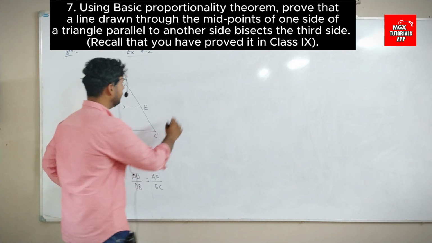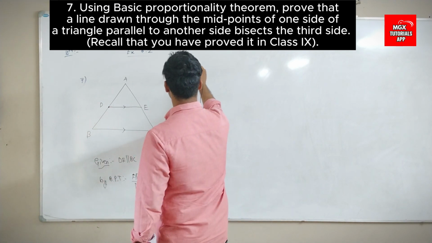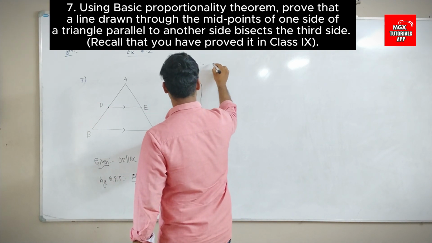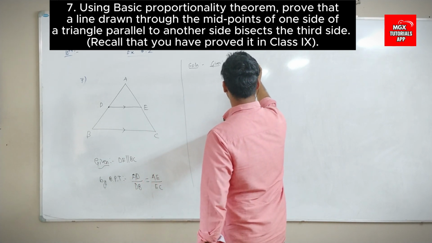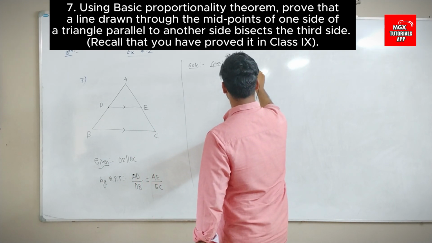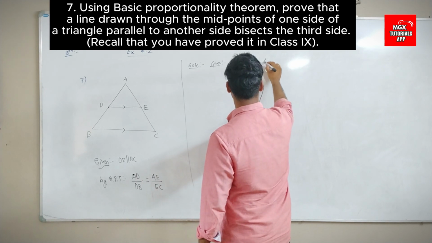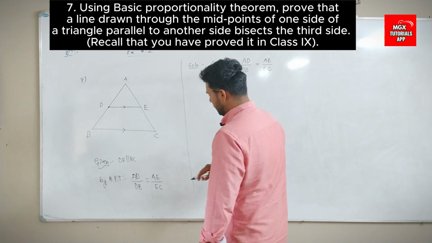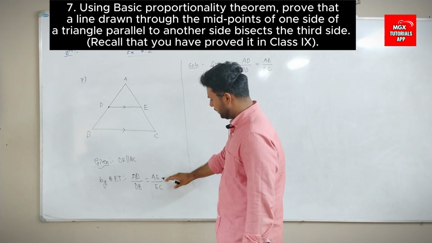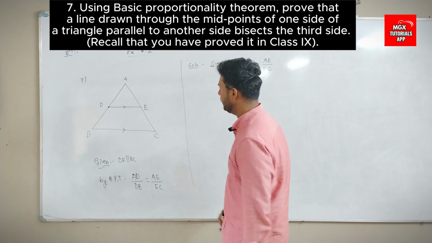Now what I will do, I will take it as a given solution. From given, I will take AD by DB is equal to AE by EC. Okay.